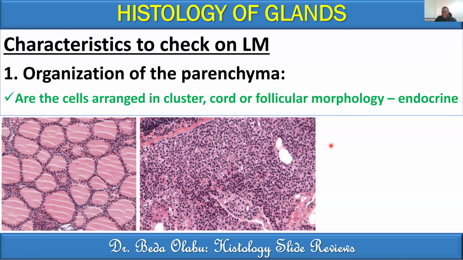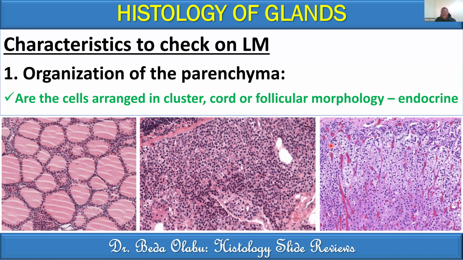Great. And therefore, the last one is definitely a cord morphology. This is cord morphology because we can see the cells form linear structures. Like that is a cord, that's another cord. So they're forming linear structures. So yes, if the morphology of the parenchyma falls in any of those three, then most likely what you're looking at is an endocrine gland.